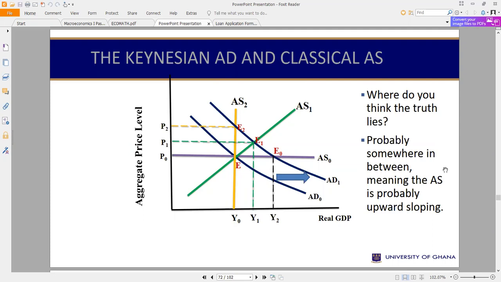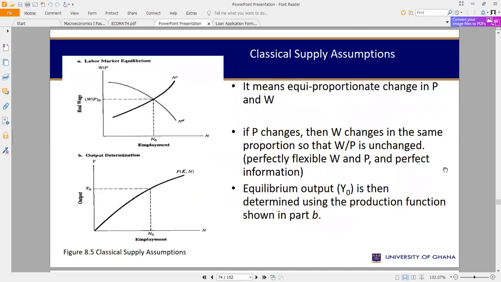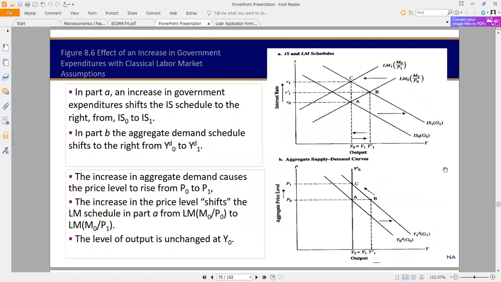Y didn't change at all because they assume that prices can freely move and the wage can also freely move. So whenever we allow wage to move, we don't see any effect of changes in aggregate demand on the output level. So let's look at this example, the effect of an increase in government expenditure when we assume the vertical AS curve.